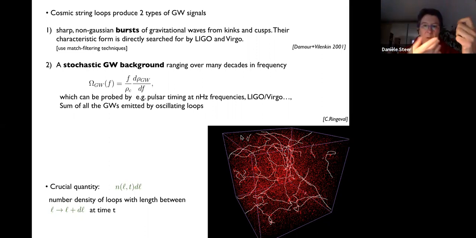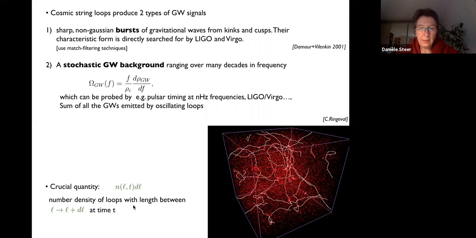But as I said, they're sourced because they're also produced by the long strings that are intersecting each other. So the stochastic background is the sum of all the gravitational waves emitted by all the loops through the history of the universe as the network evolves. So the crucial quantity, if you want to estimate the gravitational wave background from strings, is the number density of loops at a time t.